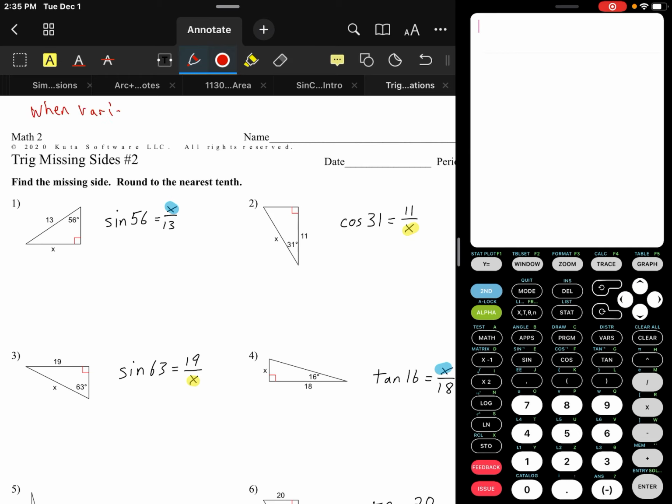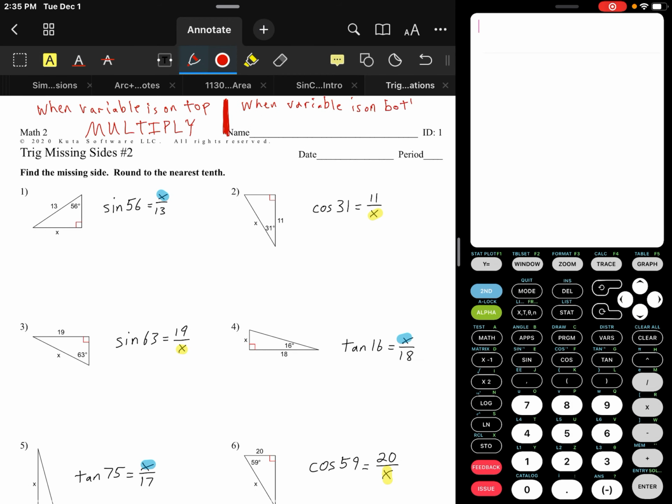When the variable is on top, multiply. Okay. Now, if you can guess, when the variable is on the bottom, we do the opposite. When it is on the bottom, we divide. All right.